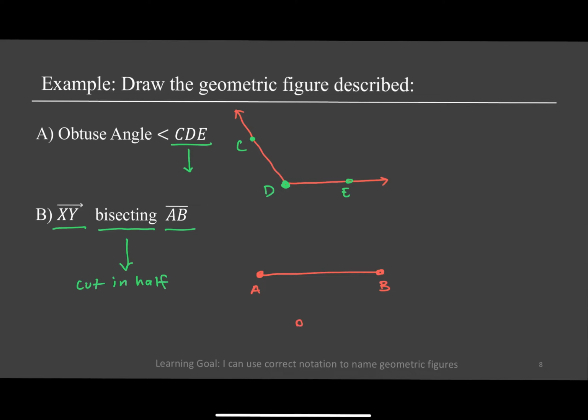And so when we say ray XY is bisecting segment AB, we're just going to draw a ray that is essentially cutting segment AB in half. And since our description doesn't really specify where point Y is, we can just label any other point on the ray as Y. And in this diagram, we can now see that ray XY is bisecting segment AB.